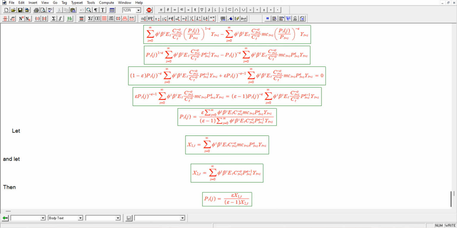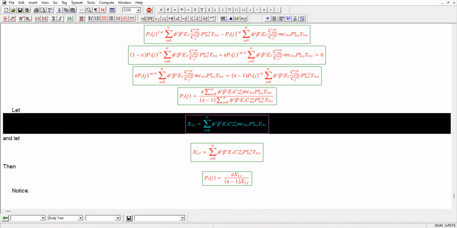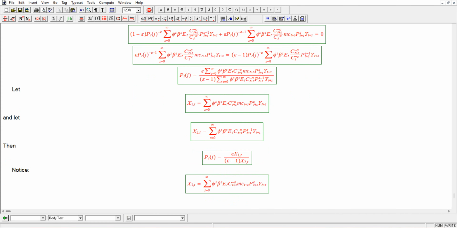But in addition, notice the following. Let's take x sub 1 and let's separate this between the first term when s equals 0 and the rest.